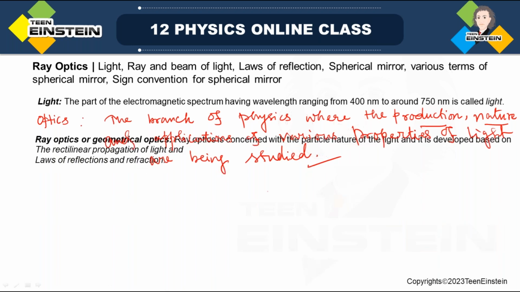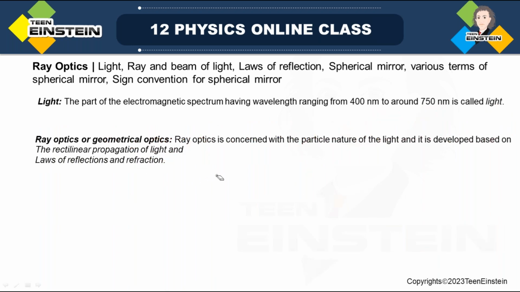So what is ray optics or geometrical optics? Ray optics is concerned with the particle nature or corpuscular nature of light, and it is developed based on the rectilinear propagation of light and the laws of reflection and refraction.